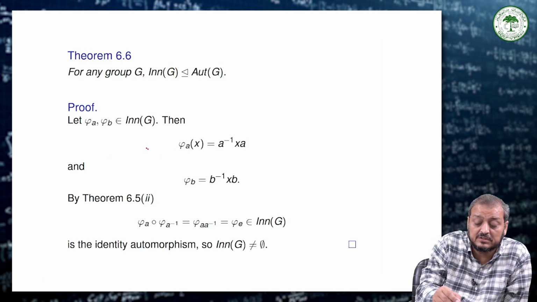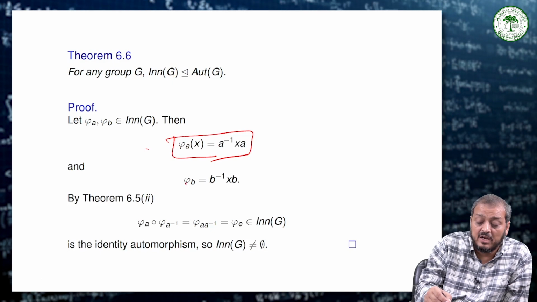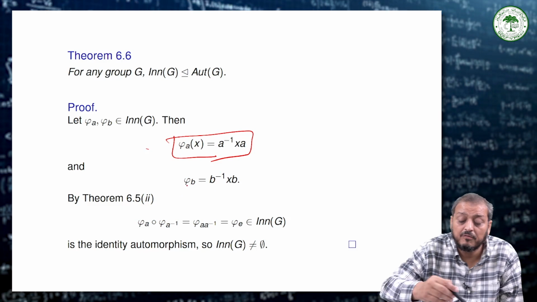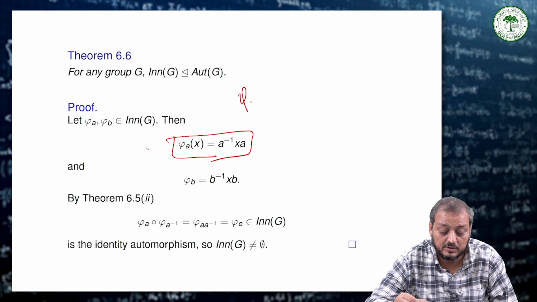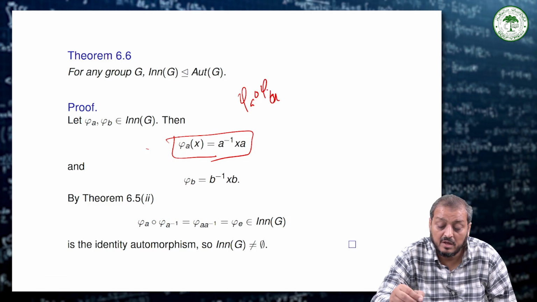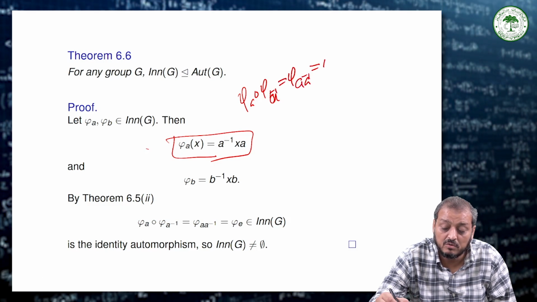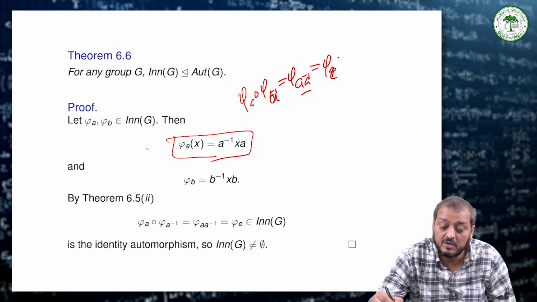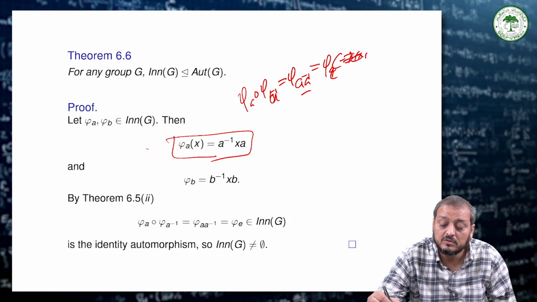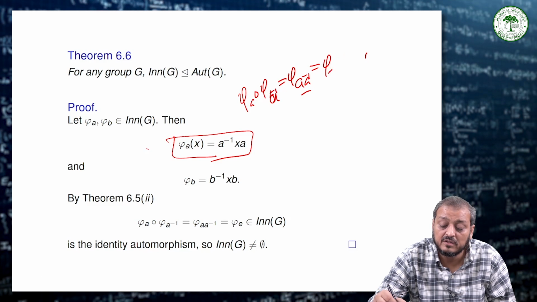First, phi of A of x is equal to A inverse x A, and phi of B of x is equal to B inverse x B. Then by the composition mapping of the previous theorem, if you remember, phi of A composed with phi of A inverse is equal to phi of E, and phi of E is clearly an element of inner of G.